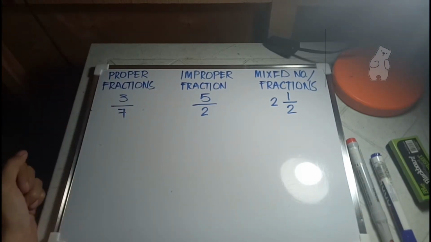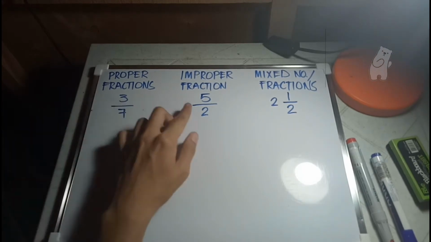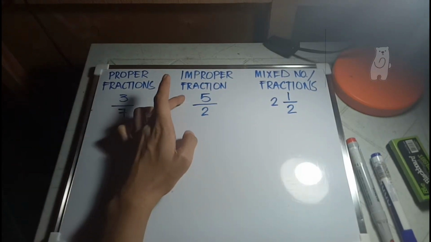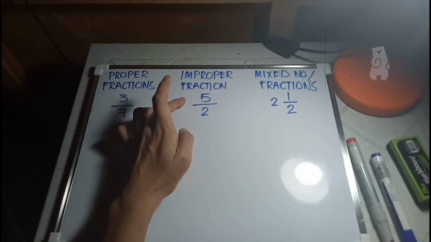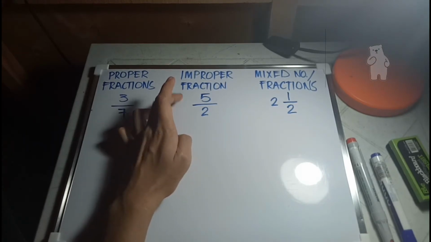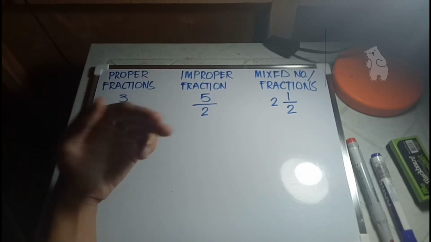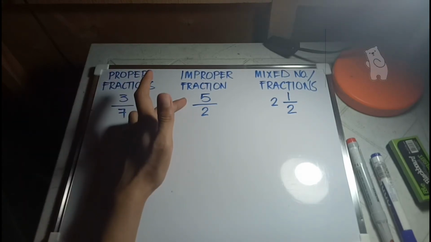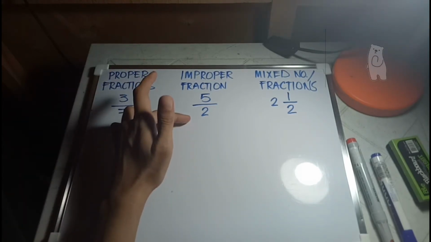Now, the improper fractions look like this, where the numerator is greater than the denominator. So, mas malaki yung numerator kaysa sa denominator.